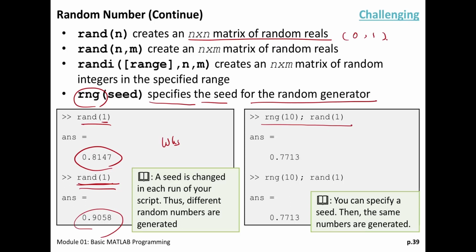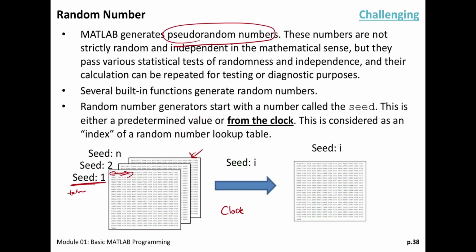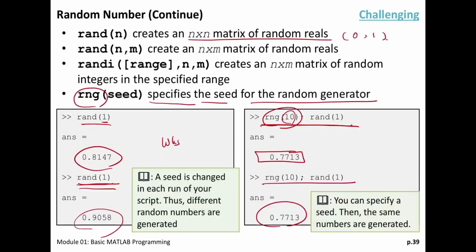What it means is, I'm going to read a random number value from the 10th table. So if you run this, you'll get this value, and then run this again, you'll get the same value because you're reading the same value. Make sense? Okay, so rand basically generates a random real number.